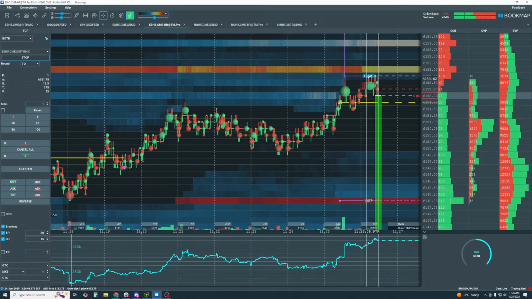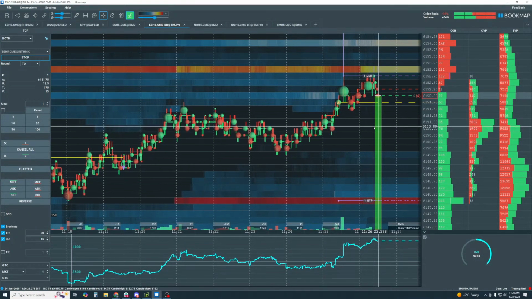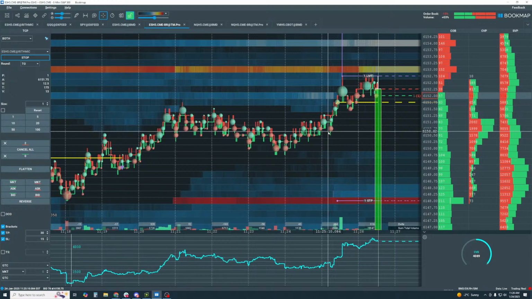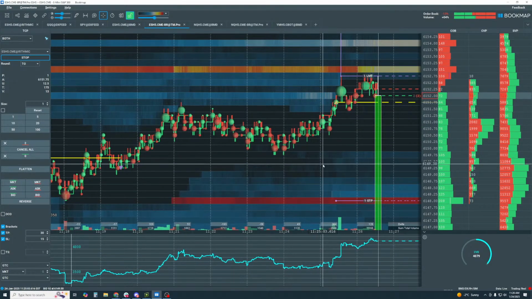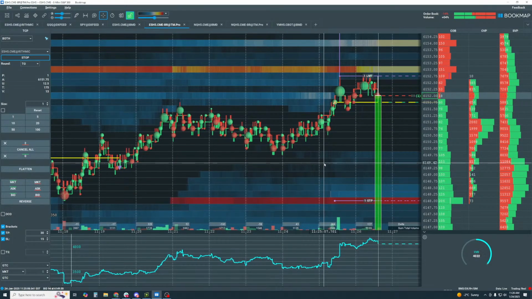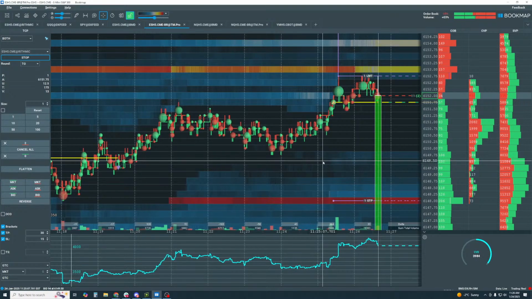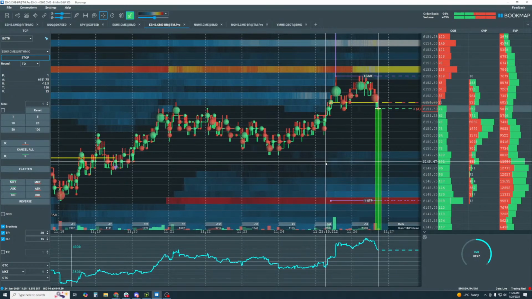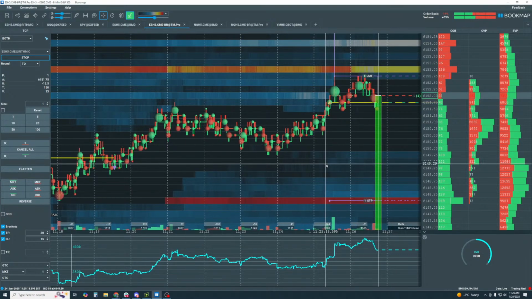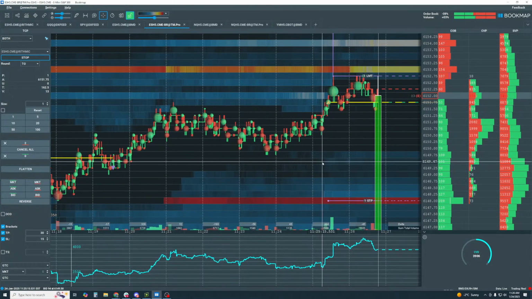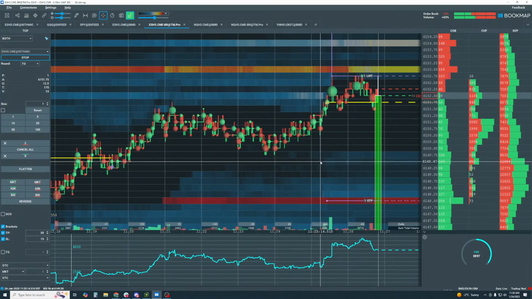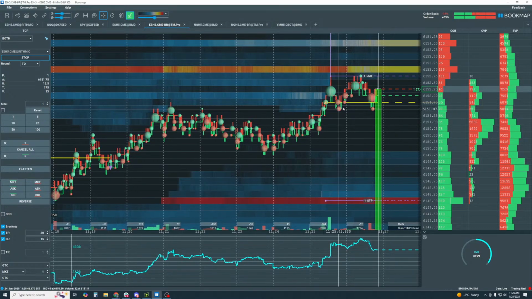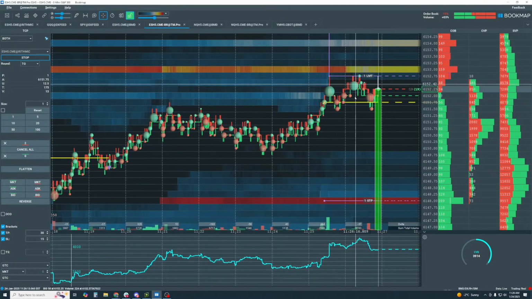Okay, hit our take profit level, but didn't fill us. Okay, here's our rotation and back up here again.